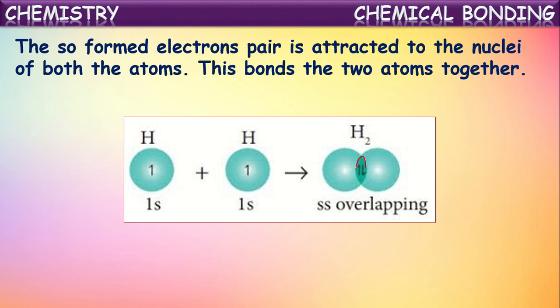Now this pair of electrons is attracted by both the nuclei. These are held by the attraction of both the nuclei. In this way, this pair of electrons bonds the two atoms together. In that way, a hydrogen molecule is formed. So in the hydrogen molecule formation, s-s overlapping occurs.